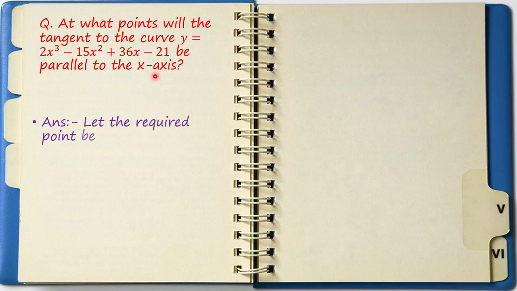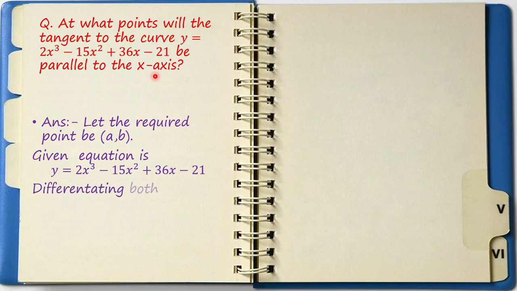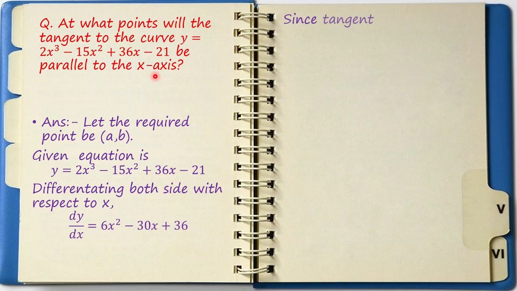So firstly, let the point of contact be (a, b). Now the given equation is y = 2x^3 - 15x^2 + 36x - 21. Differentiating both sides with respect to x, we find dy/dx = 6x^2 - 30x + 36.